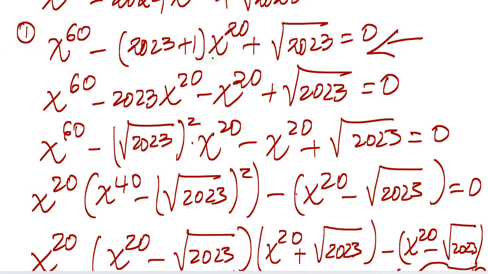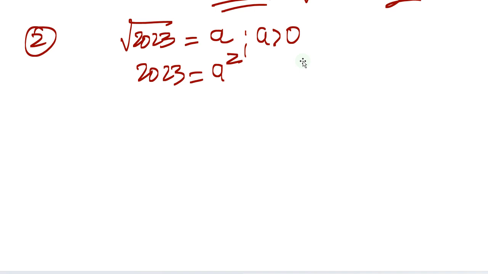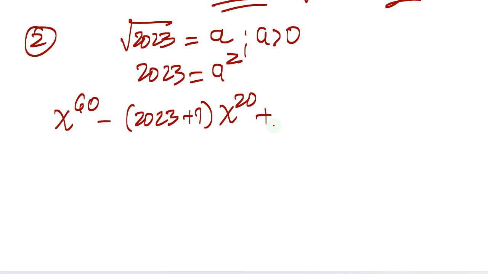Where I have 2023, I'm gonna replace by the value of a squared, and here this is gonna be a. So our equation would be x to the 60 minus 2023 plus 1, which multiplies x to the 20 plus square root of 2023, and this is equal to 0.